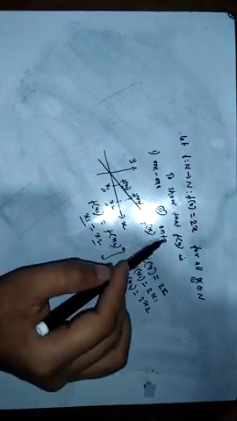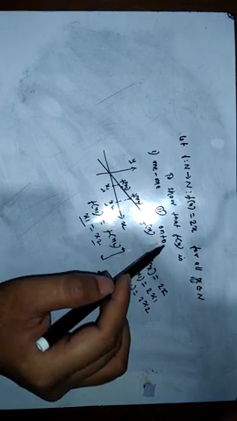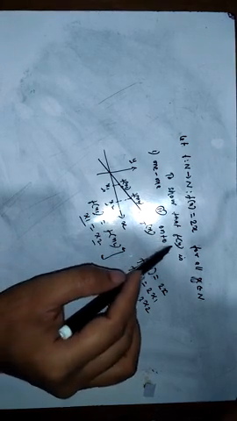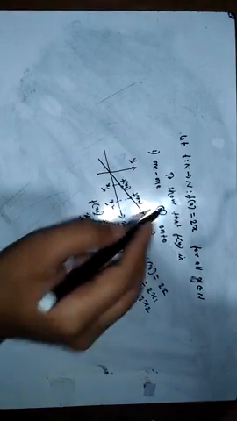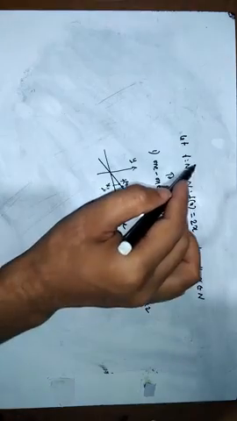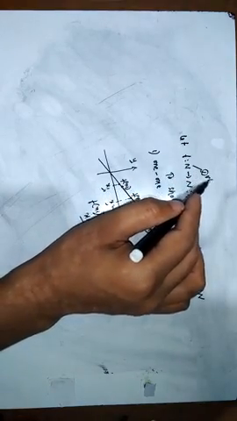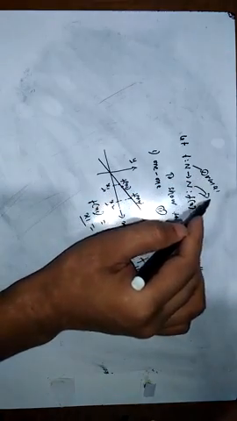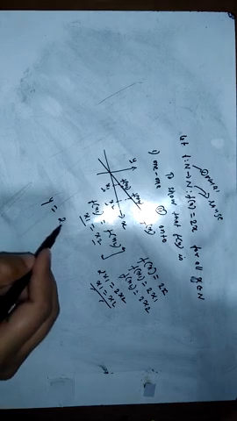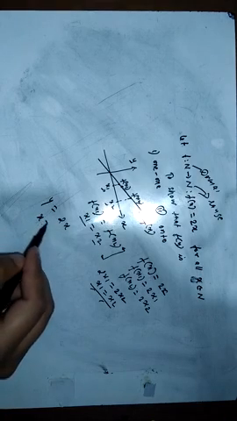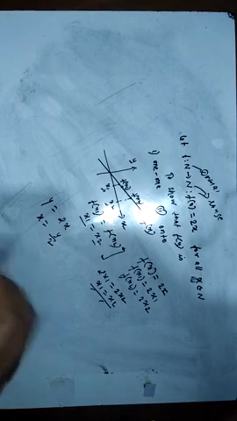For onto, we know that the range is equal to the codomain of the function. In the case of an onto function, suppose this is the domain and this is the range. If we consider y equal to twice of x, we can say x is equal to y by 2.